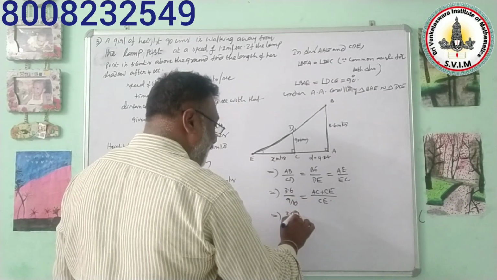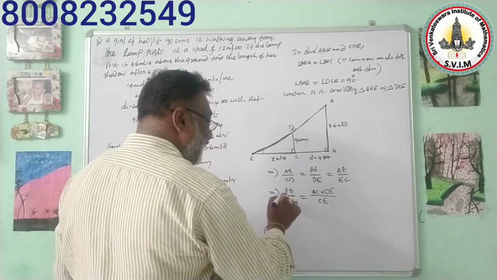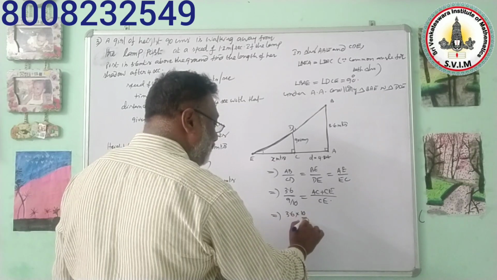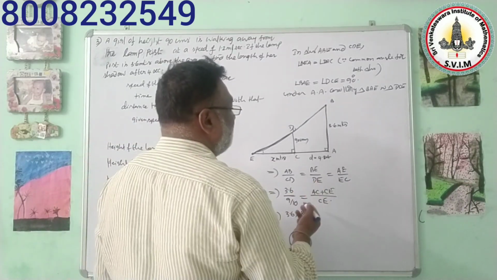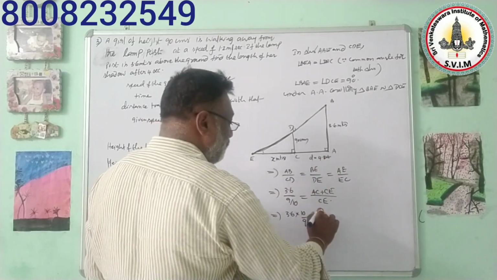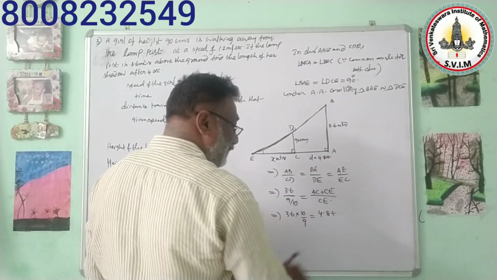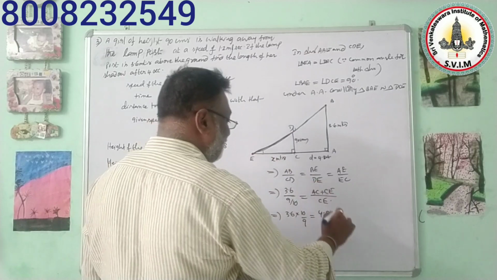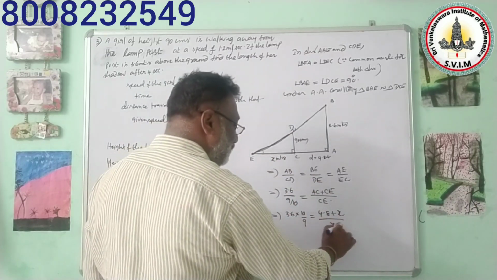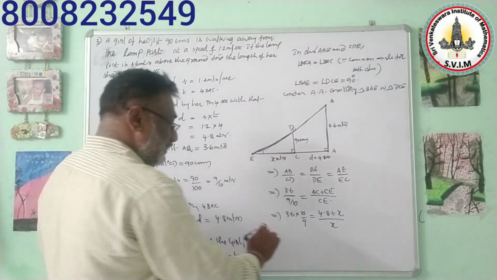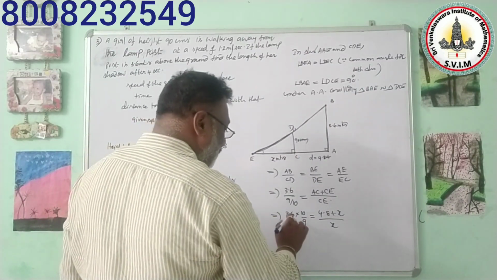That implies 3.6 divided by, I am writing as into, it will be changed as 10 by 9, is equal to AC. What is AC? 4.8 plus what is CE? X, by again CE, that is also nothing but X. Now listen to me.